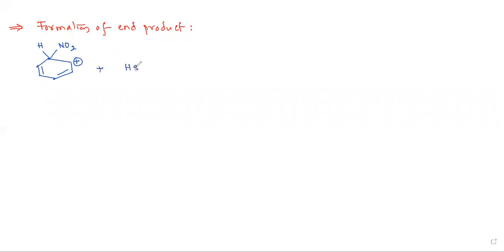Now, the thing that we eliminated in the first step, HSO4 minus, comes into the picture. That's it. So this step is in fact fast, wherein you get the cleavage of the carbon-hydrogen bond. Observe this.